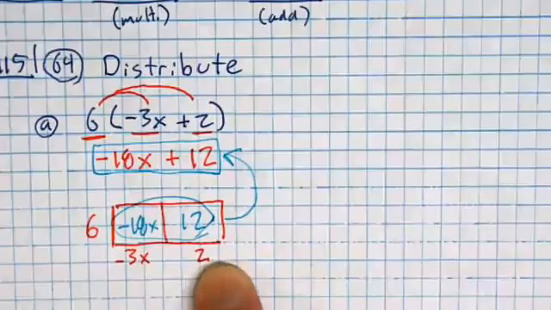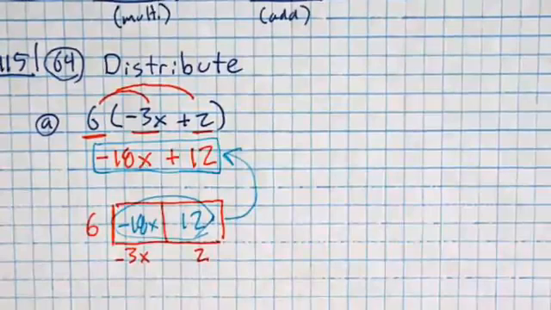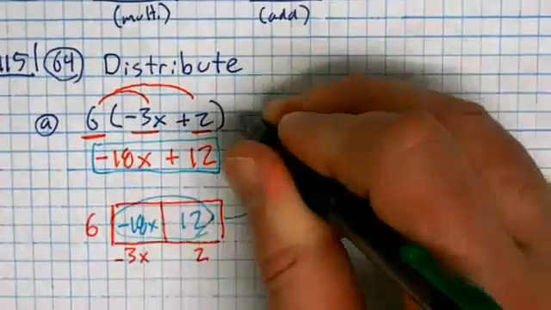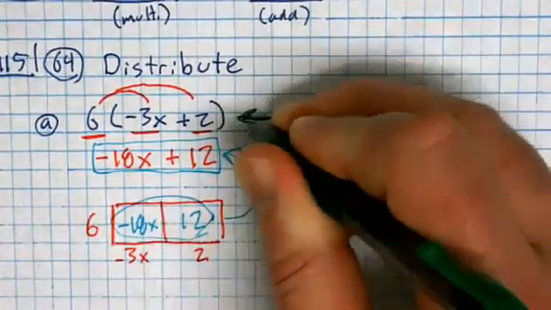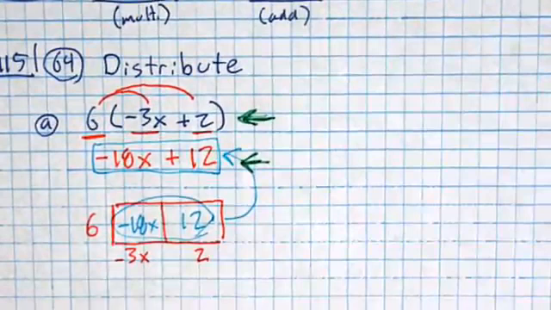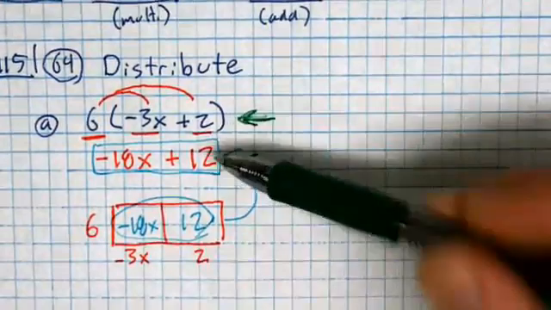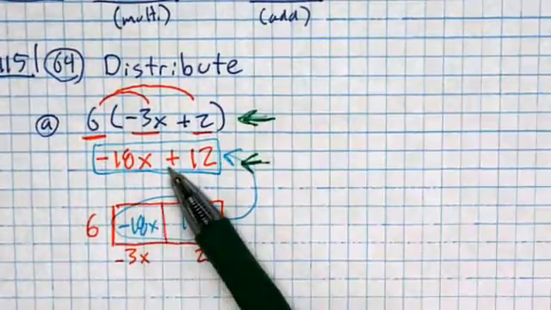Now, before we move on, I want to label our two things. The thing that we started with here and the thing that we ended with. One of these is a product and one of them is a sum. Does anybody want to guess which one is the sum? What do you think, the first or the second? The second one's the sum because there's a plus in between them.